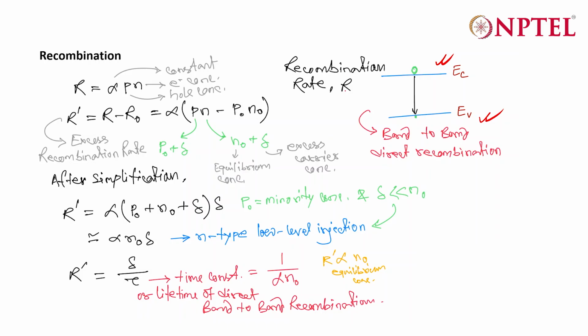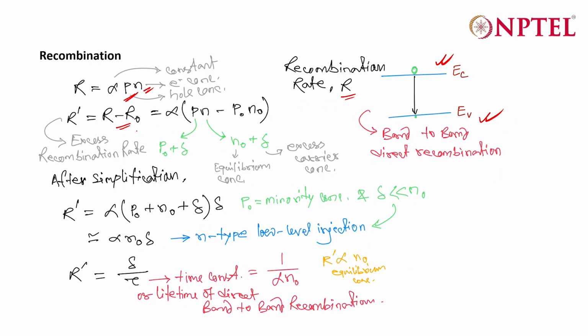So the recombination rate R in this case can be given as a constant into the concentration of hole and the concentration of electron. Now if you look at the recombination rate for excess carriers, or you can say excess recombination rate R dash, you can write it as R minus R0.